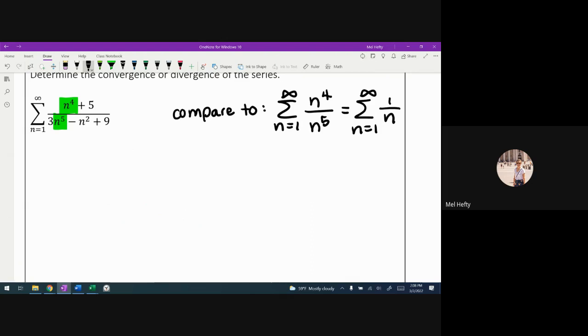What is his name? Harmonic, technically a p series. If you wanted to call it a p series with p equals 1, that's fine. More importantly, what does it do? Diverges. Now, like we said before break, I am not super convinced I could set up an inequality that would be in any way convincing to my brain.